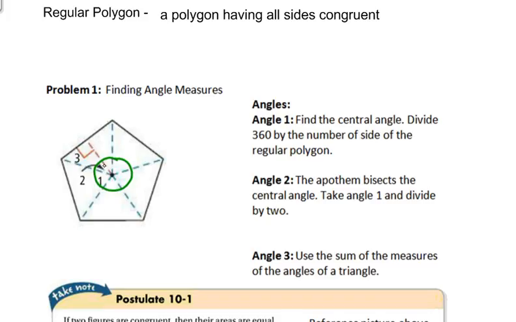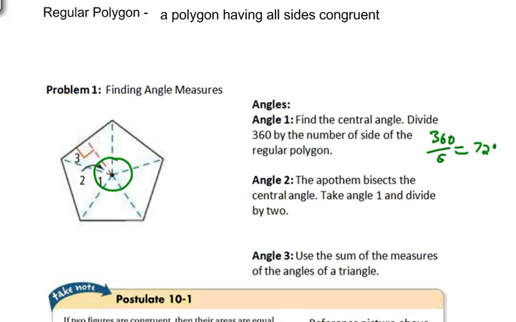There are 1, 2, 3, 4, 5 sides, so you take 360 divided by 5. 360 divided by 5 is, what am I thinking here, 72. 72 degrees.